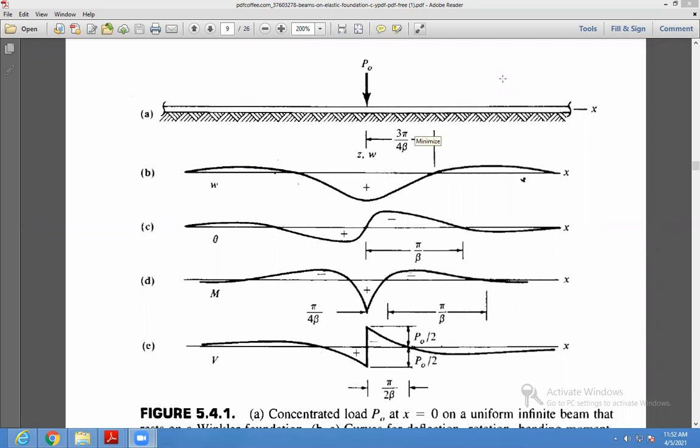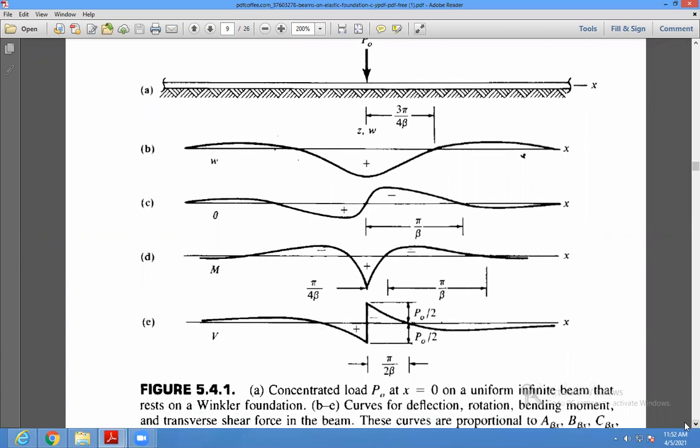Please write the description which is below the diagram also.